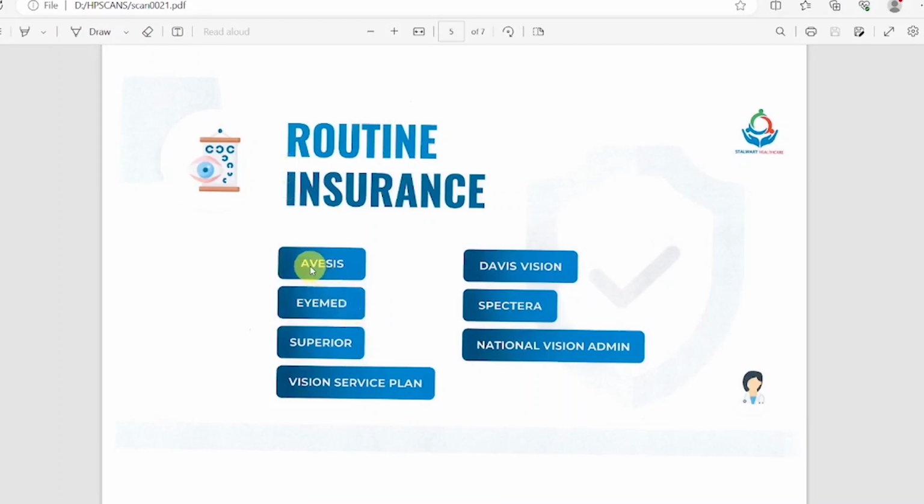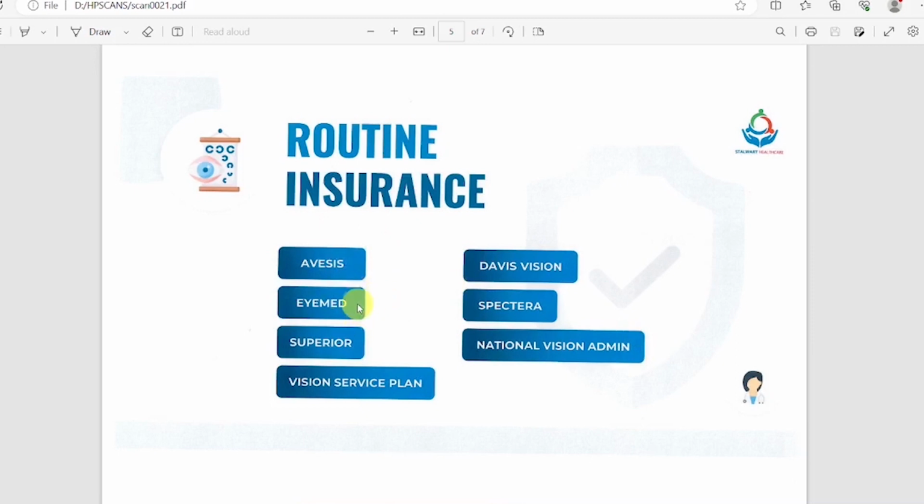Avesis, which is a small network. EyeMed, Superior. EyeMed is one of the most popular. EyeMed and VSP are probably two of the biggest. Davis Vision is also a big payer. And Spectera, National Vision. These are a partial listing of what is considered routine.